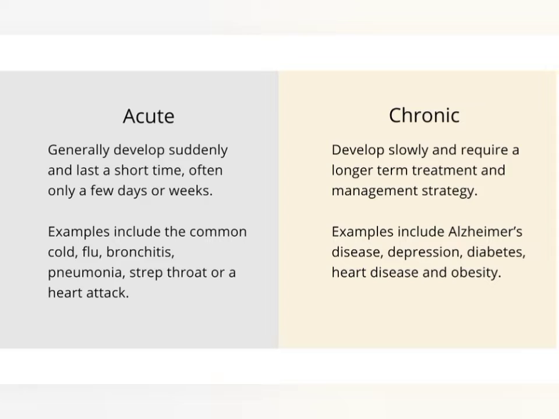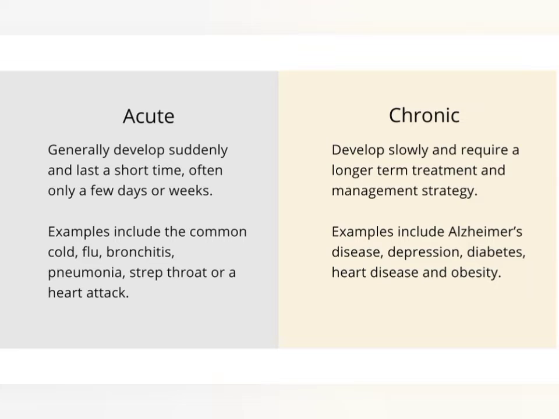Now, what are acute and chronic diseases? Acute disease generally develops suddenly and lasts a very short time, whereas chronic disease develops slowly and requires a longer period of time to recover. Examples of acute disease are COVID nowadays, cold, flu, bronchitis, pneumonia.